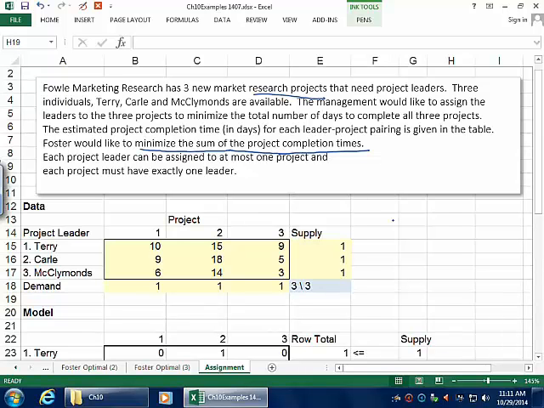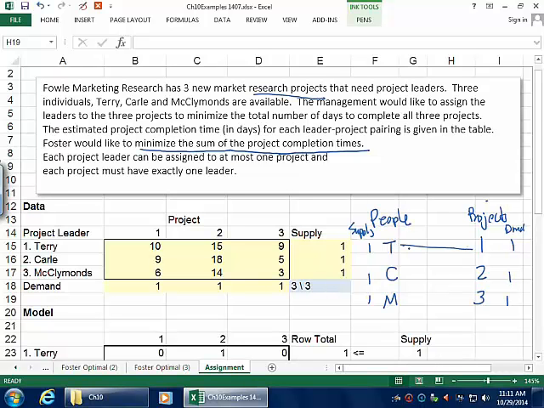Okay, and so you could think of it also as a network model. So here we've got the people, Terry, Carl, McClemens, and we have the projects 1, 2, 3. The supplies are 1, 1, 1, and the demands are 1, 1, 1.